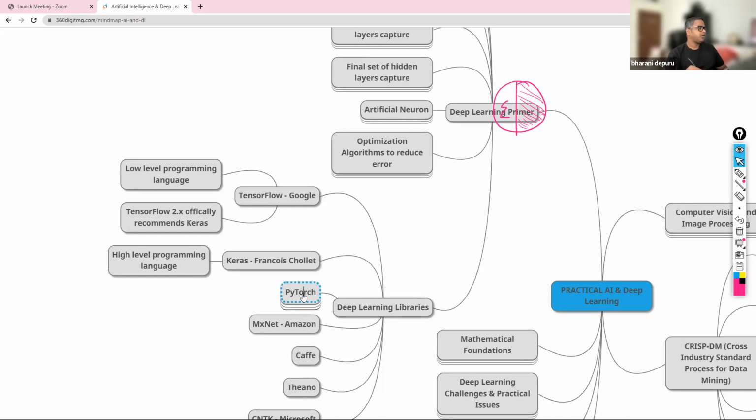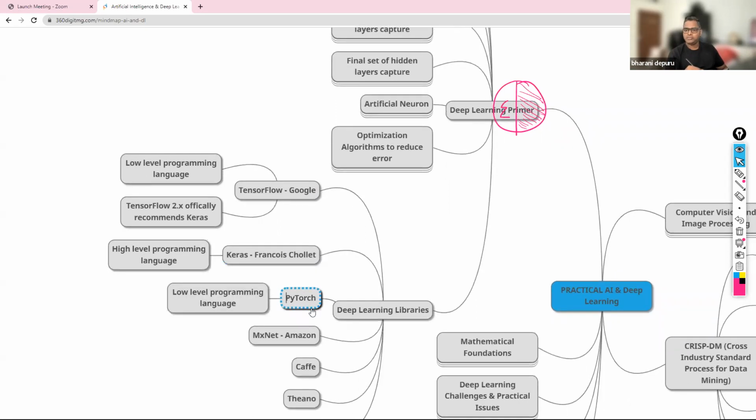And we have PyTorch, a new kid in the street. You can think of it that way, a new kid among the deep learning libraries. But PyTorch has actually overtaken the demand of Keras or TensorFlow. In TensorFlow, you need to write a lot of lines of code. PyTorch, the beauty is that it works exceptionally well when you work in a distributed environment.